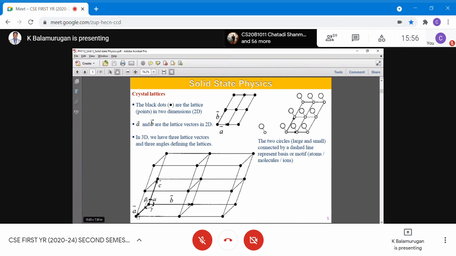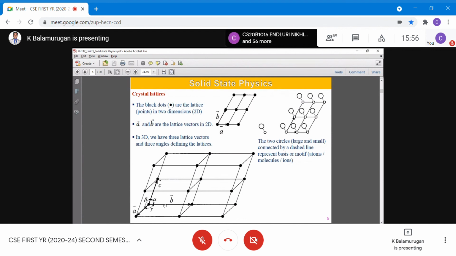We can say opposite to vector A, you will have alpha. Opposite to vector B, you will have the angle beta. Opposite to C, you will have the angle gamma. This is a standard convention used internationally by the whole scientific community, physics people. So you have to follow the same. You must not change this.